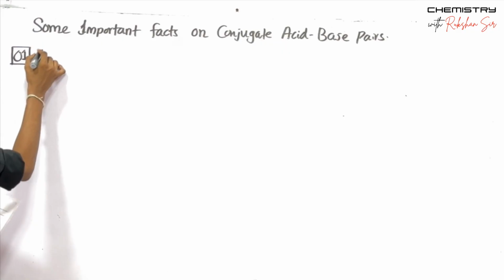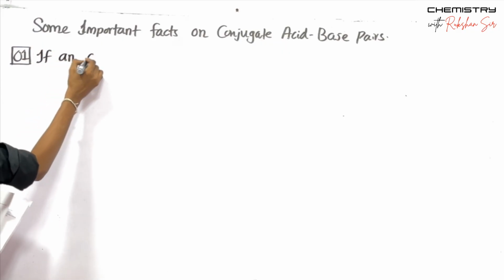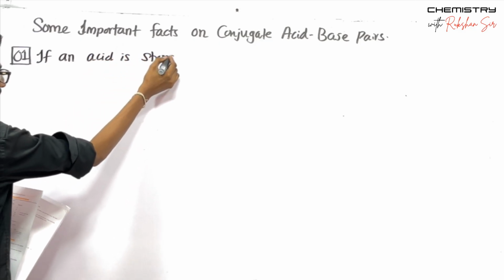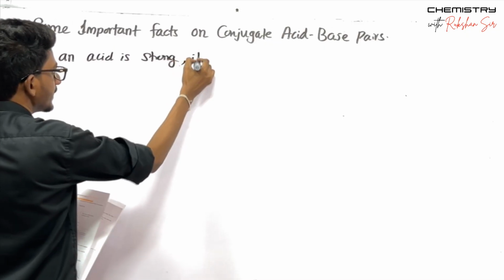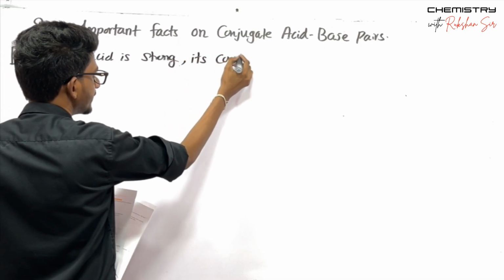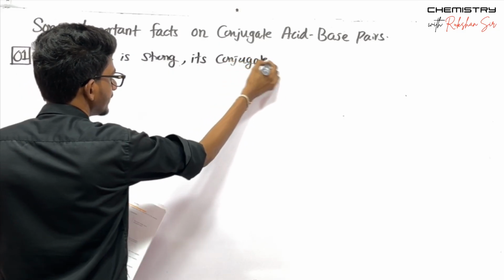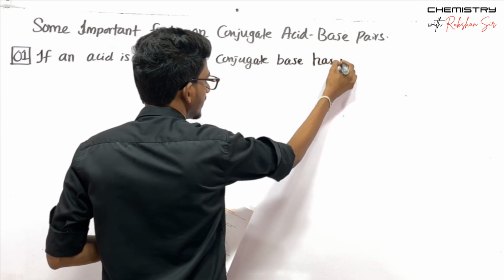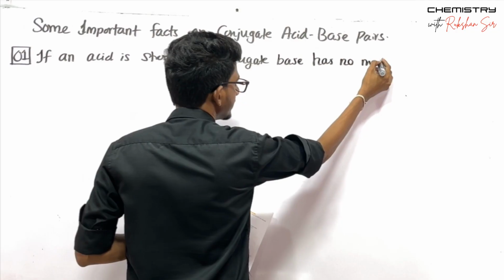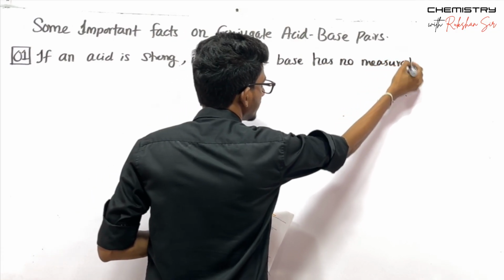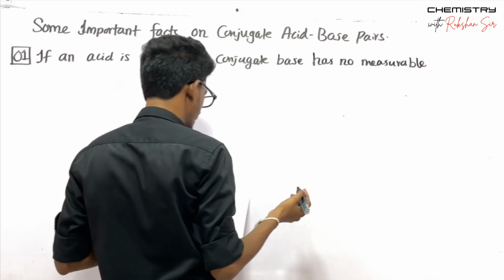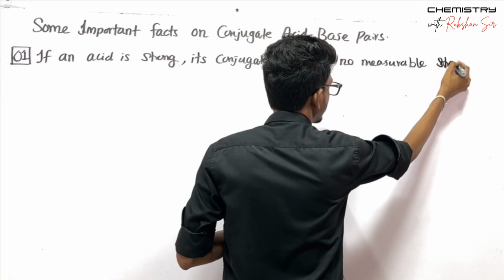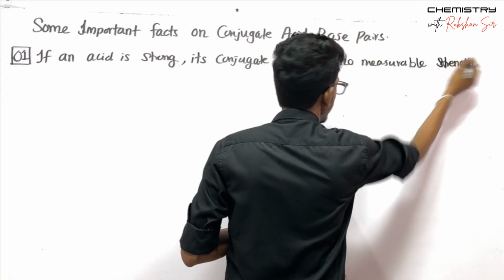If an acid is strong, its conjugate base has no measurable strength. See what it says.